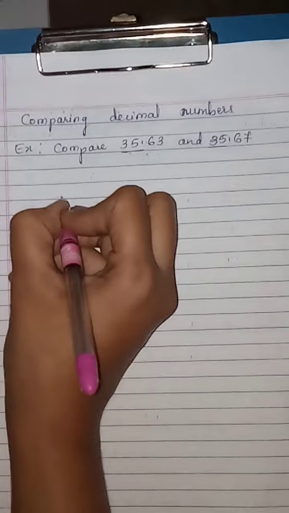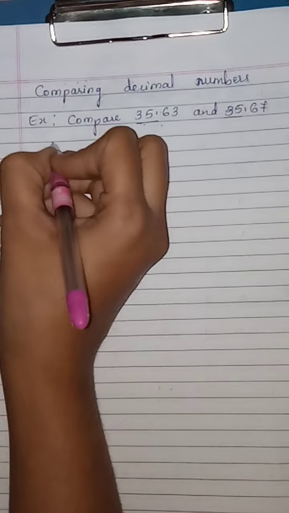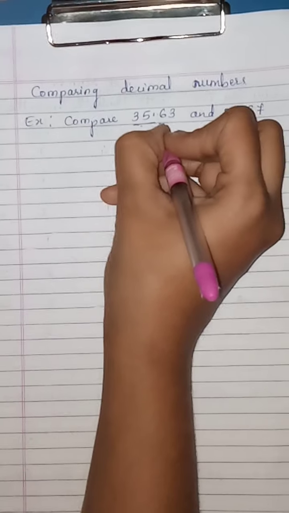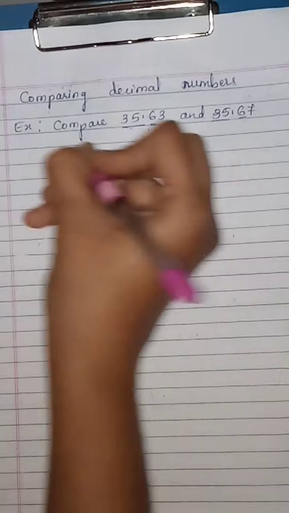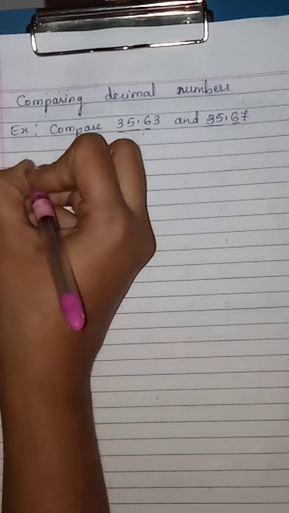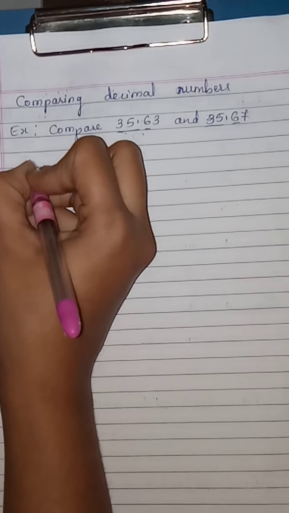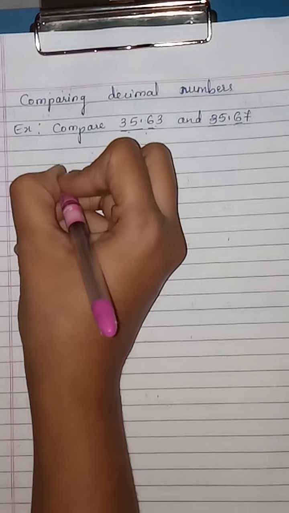Here children, both the whole numbers are equal. And now you compare the tenths place. Both are 6 here in the tenths place.